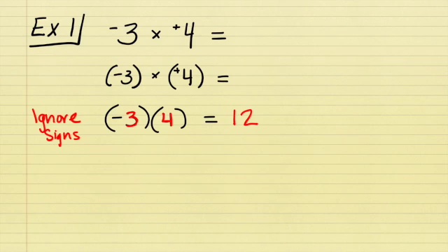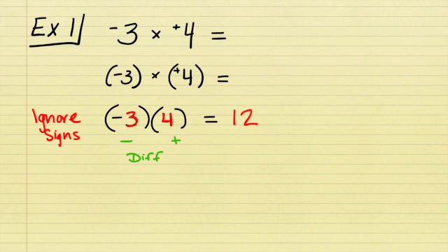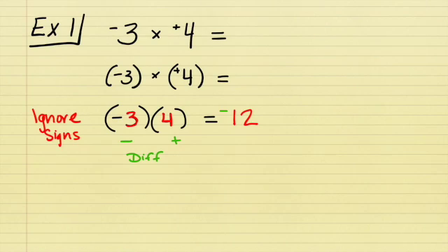Here we have a negative, and here's nothing, so we know it's a positive. They are different signs. If we go back and look at our rule, different signs give us a negative answer. So our answer is 12, but it's going to be negative 12. Not too bad, right?